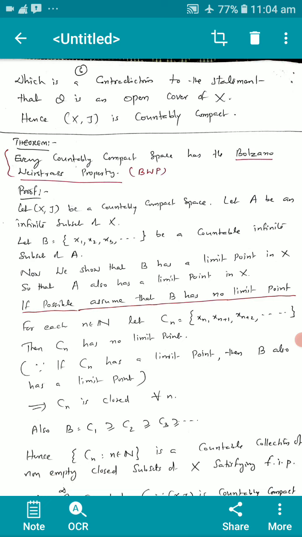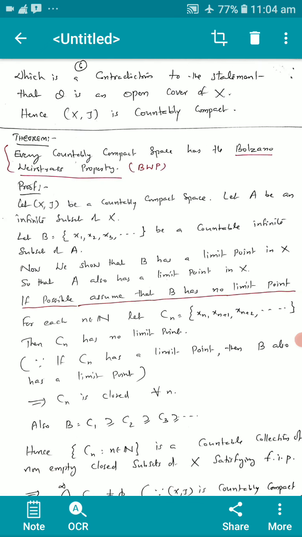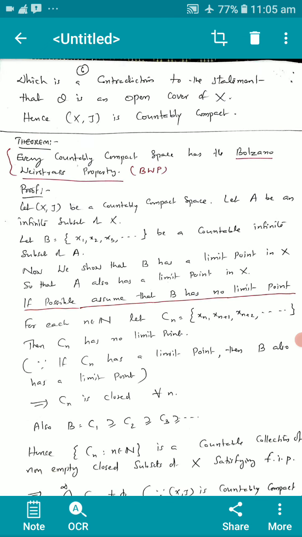Coming to the next theorem: every countably compact space has the Bolzano-Weierstrass property, BWP. We are discussing a proof of it.